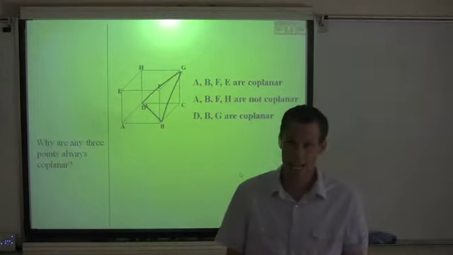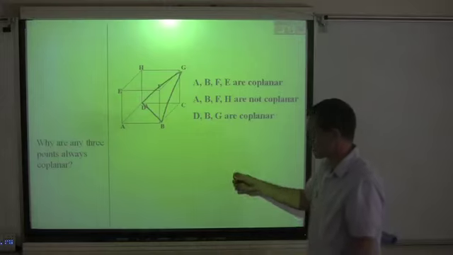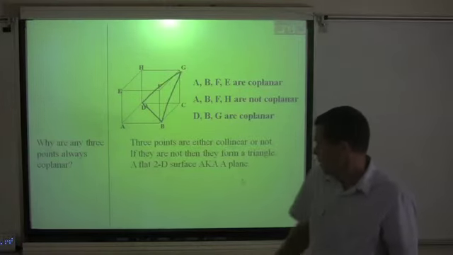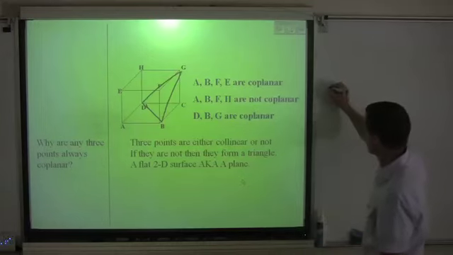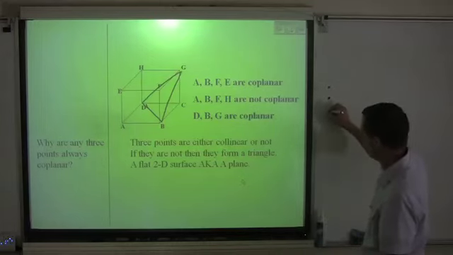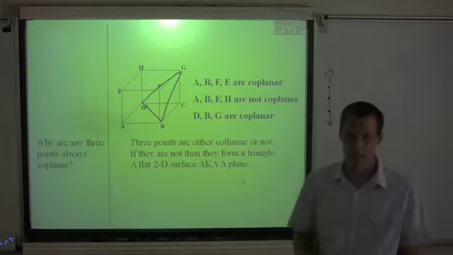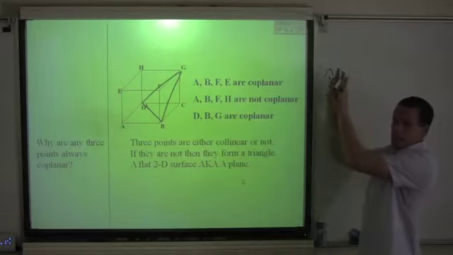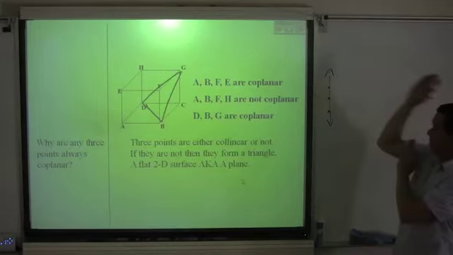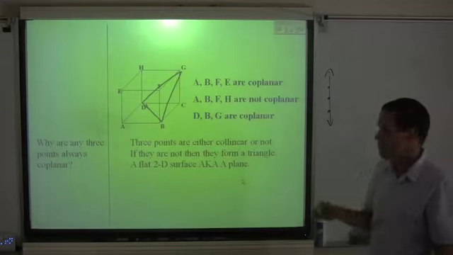Why is this, that any 3 points are always coplanar? Well, there are only 2 options. 3 points are either collinear or they're not. If they're collinear, we had just learned that they lie on infinite planes. They lie on the whiteboard and they lie on the plane that goes through it this way or this way. So they're definitely coplanar.